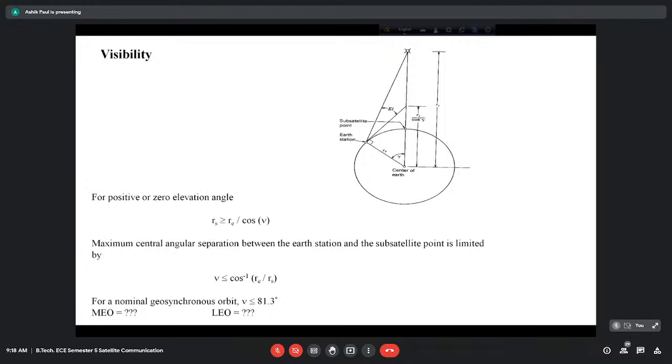And also, please do that for a medium Earth orbiting satellite. Sir, 76.07, 71.5 degree. Okay. What is the orbital altitude that you have taken? Sir, 20,200 kilometers.